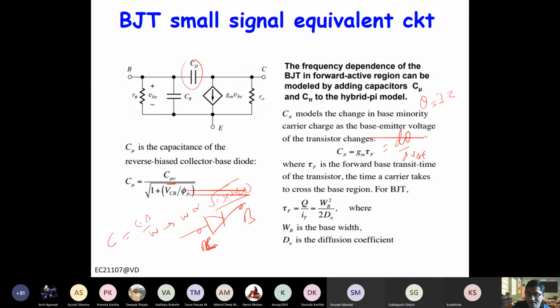Now dI by dVBE is 1 over r, right? So that is gm. So you have this expression here, C pi is gm times tau.